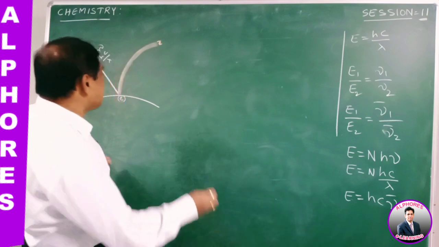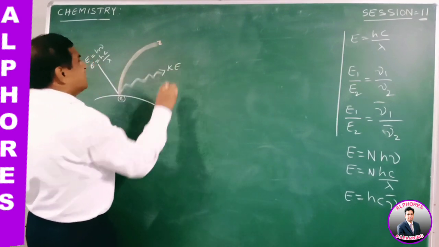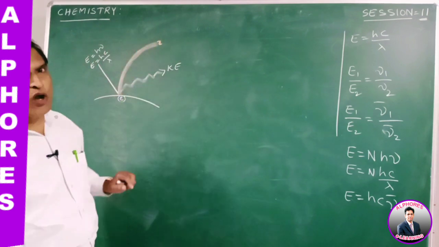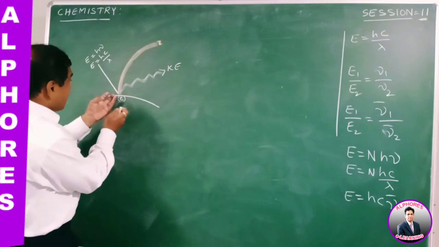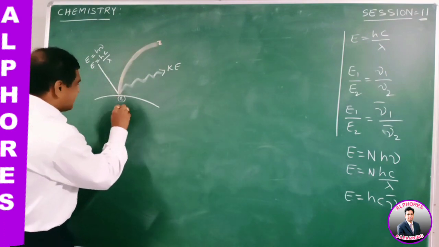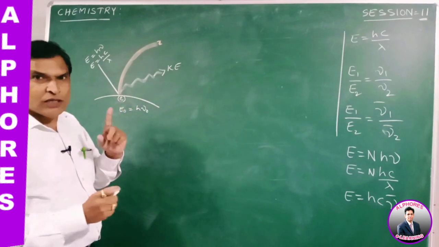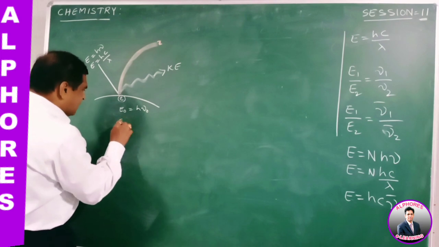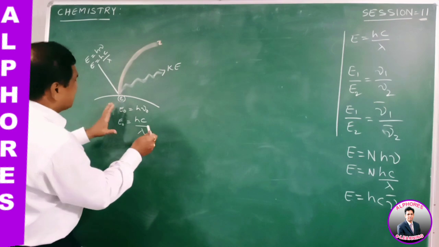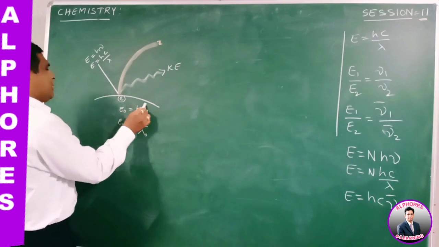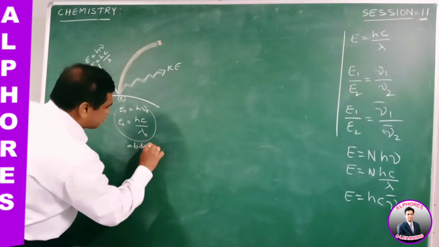Then the remaining energy is released as kinetic energy of the photoelectron. So it absorbs some part of this energy, that is E naught is equal to h nu naught, or E naught is equal to hc by lambda naught. What is this? It is the amount of energy absorbed.